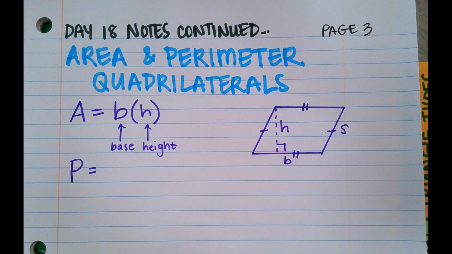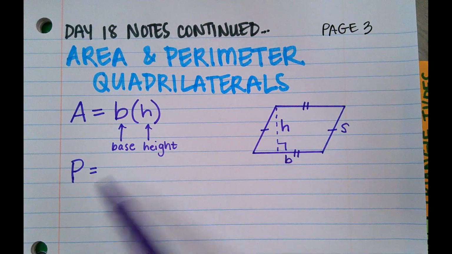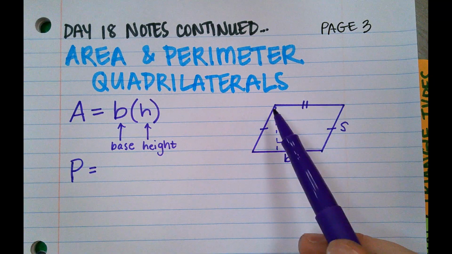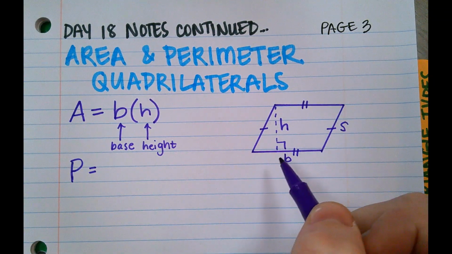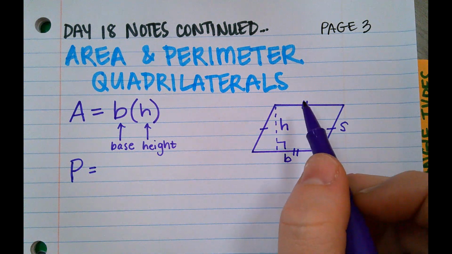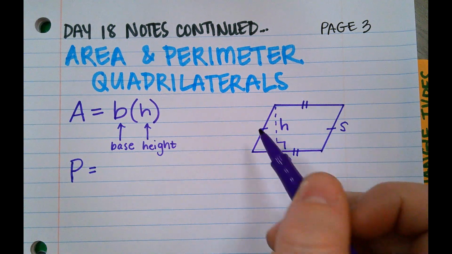Now with a regular polygon, we were able to just take the number of sides times one side length because all those sides were the same. So we're basically just adding all the sides together. Here, we're also still adding all of these lengths together. So I need to add the base plus the base plus the side plus the side.